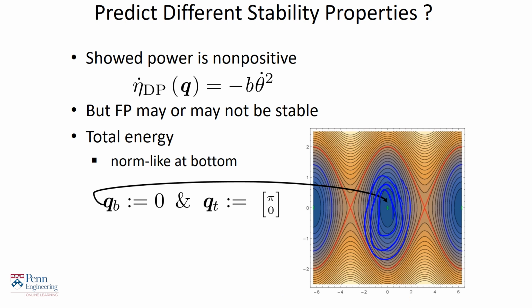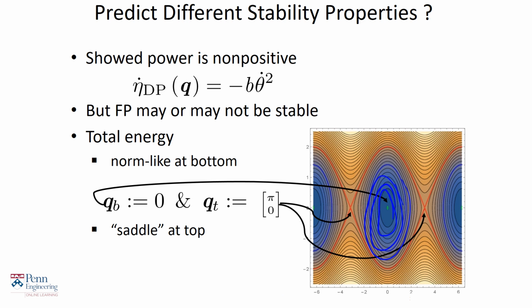In contrast, if you look at the total energy curves up at the fixed point at the top, where you're pointing exactly up and you're at zero velocity, then I think you can see that the total energy is not at all norm-like. The total energy is saddle-like. The total energy is saddle at the top, and it's a norm at the bottom, or norm-like at the bottom.